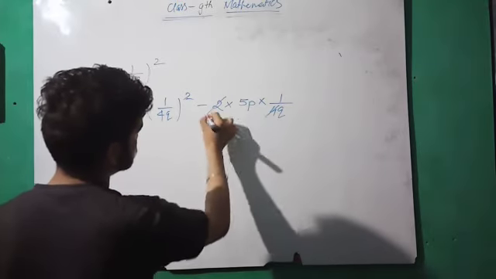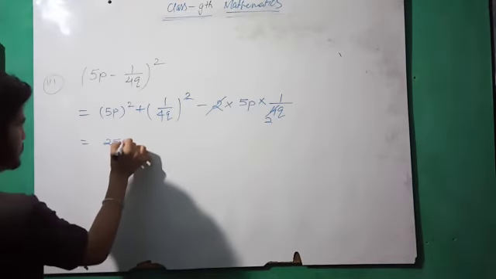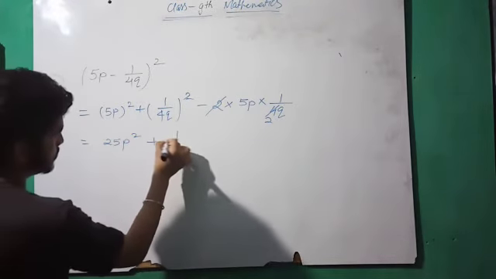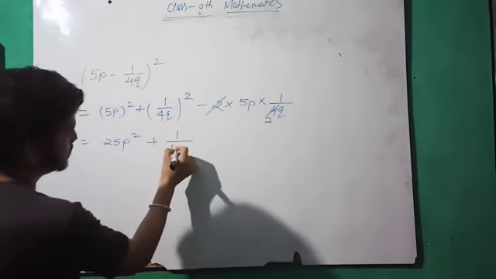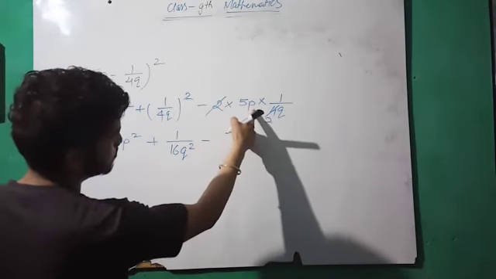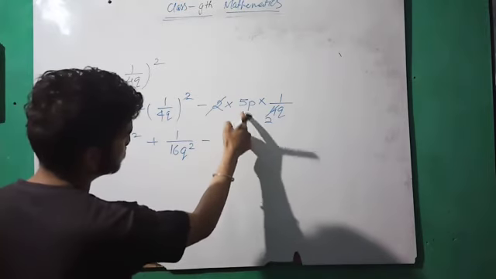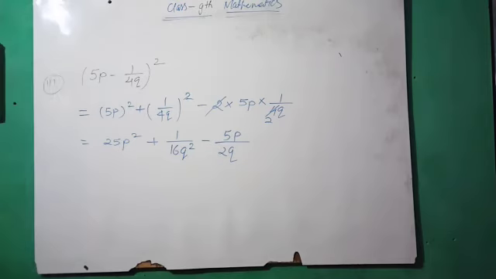Okay, cancel this with this. 25p square plus 1 by 16 q square minus 5p upon 2q. Your representation must be clearly visible in your fair copy. Okay, this is the answer.